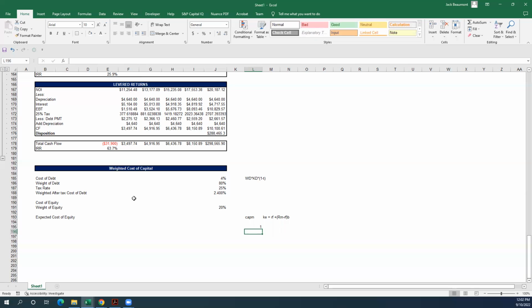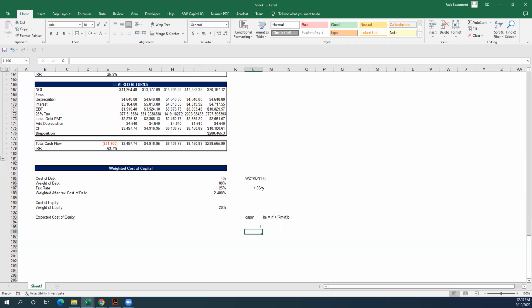Now we can use an adjusted method here where we make an adjusted beta, based on the debt to equity. So we have 80% debt and 20% equity. So we have a debt to equity ratio of 400%. So I'm going to do an adjustment here.